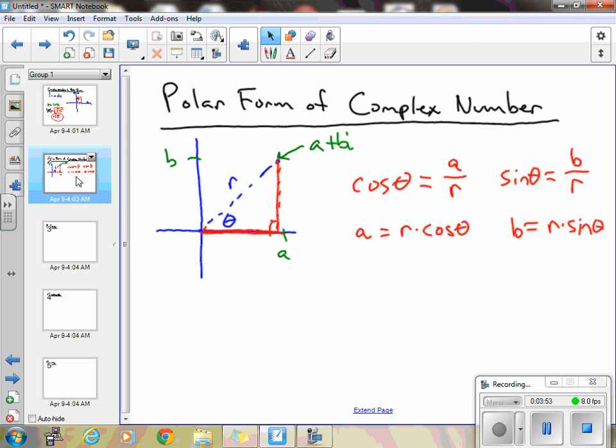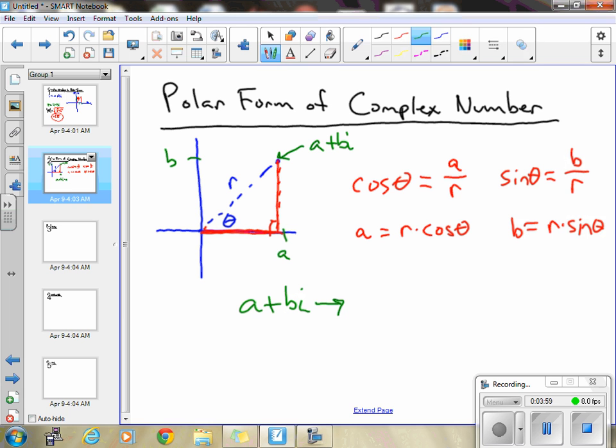So therefore, if we have the complex number a plus bi, we can rewrite this as a polar number, replace a with r cosine of theta, and b with r sine of theta. I'm going to put the i first.